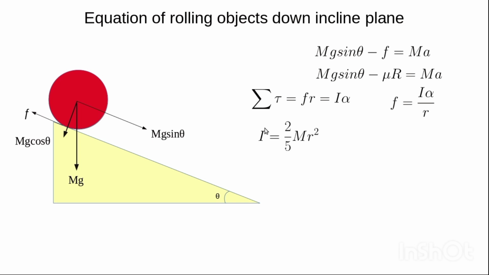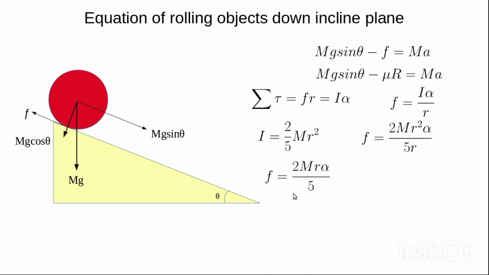And for a solid sphere, the moment of inertia is 2 over 5 M R squared, where M is the mass of the object. If we make this substitution back into this expression, we'll have this expression. At this point, R can take care of R, and it will lead to this.